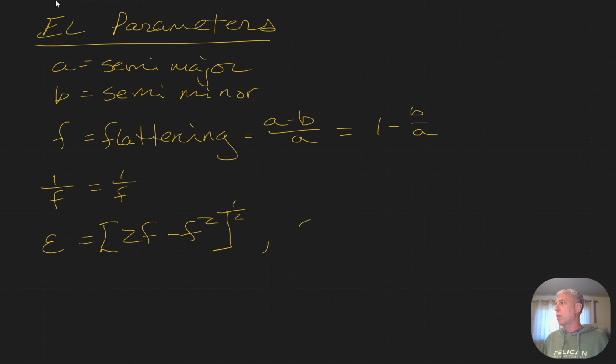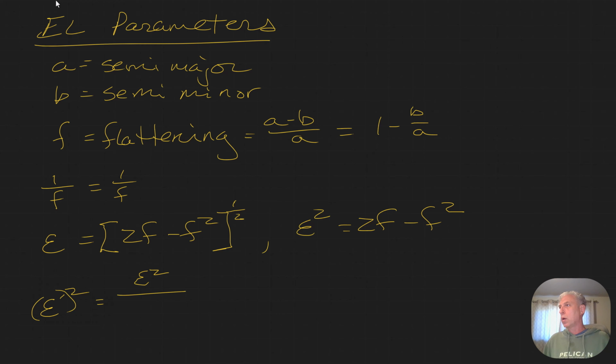And then we often use the square of the first eccentricity, which is just 2f minus f squared. And then we have the second eccentricity, which we always talk about in terms of the square of the second eccentricity. And that is defined in terms of the first eccentricity, which is e squared, or epsilon squared, over 1 minus epsilon squared. I told you I would keep trying to use e.